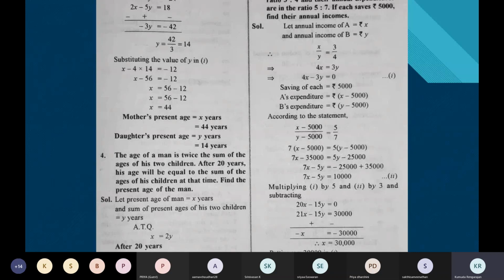What is the sum of their ages? 20. Now what will be the sum of their ages after 20 years?